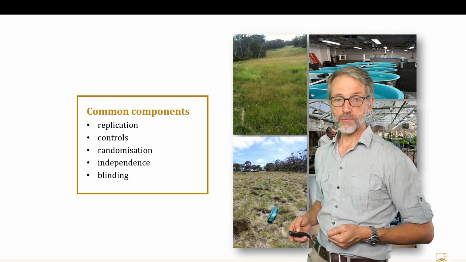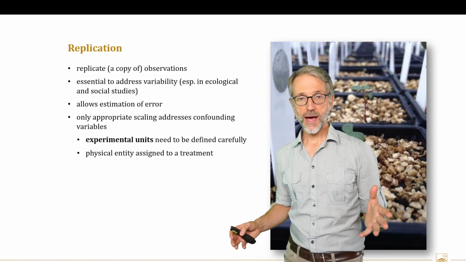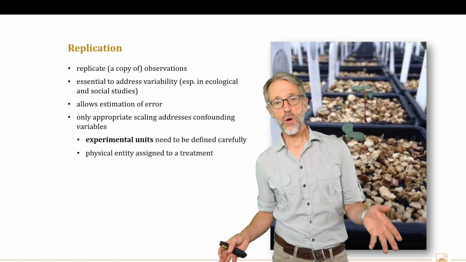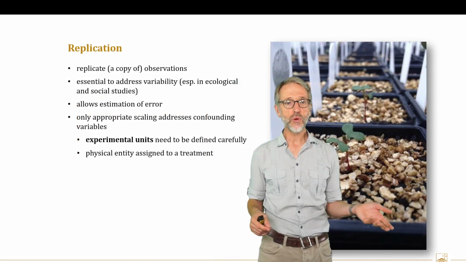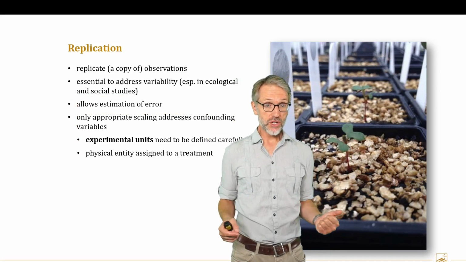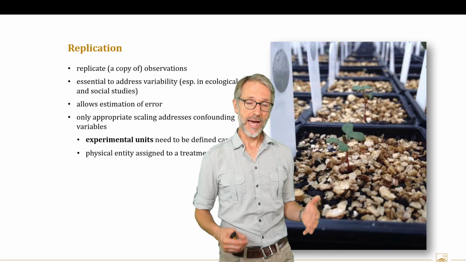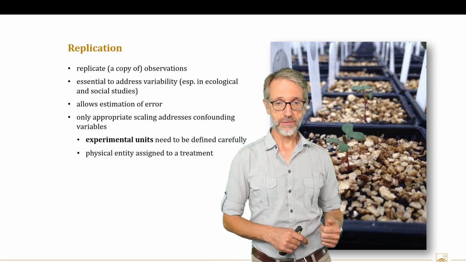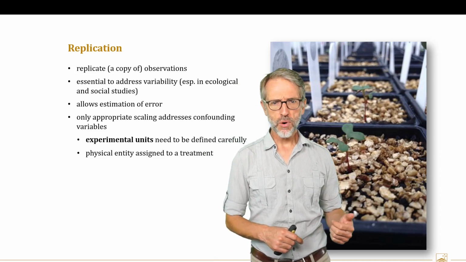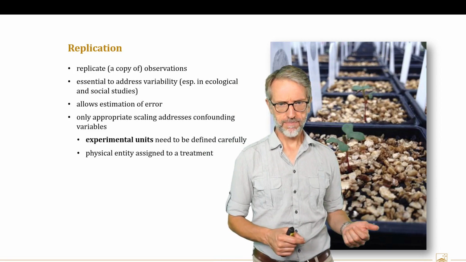Number 1, replication. We've heard about replication before and we know what it means. It means to measure more than one thing, to generate a copy, if you like, of something, to produce more than one outcome.